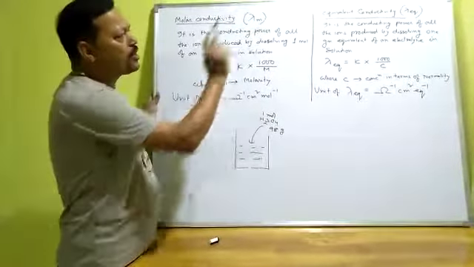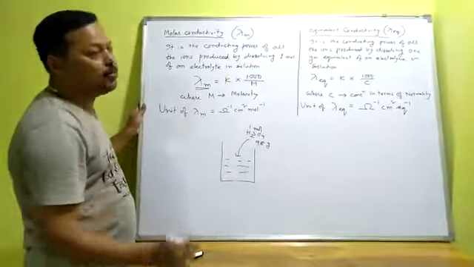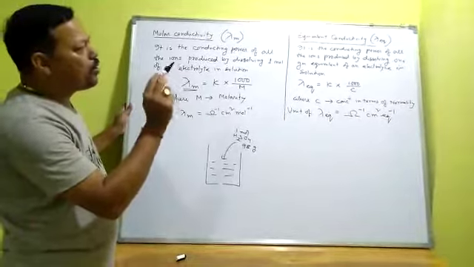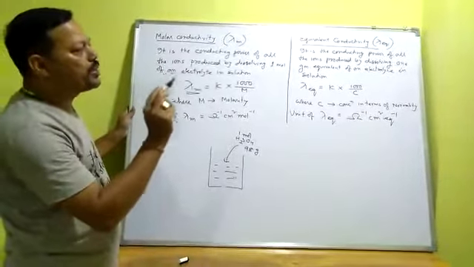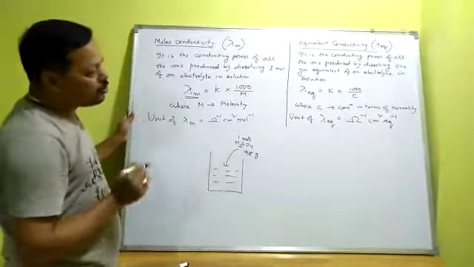Now the next one is equivalent conductivity, which is represented by lambda EQ. The definition is: it is the conducting power of all the ions produced by dissolving 1 gram equivalent of an electrolyte in solution.